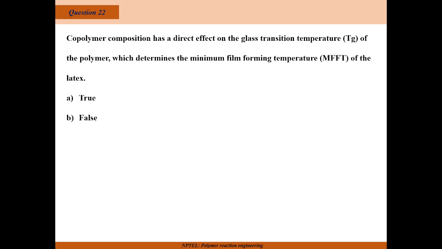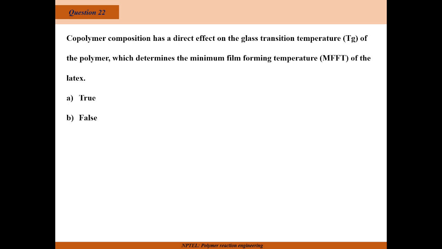So generally the statement is true, but practically speaking, the only doubt I have is on the TG part, because for polyamic acid it is the thermal stability that is higher, correct? It is not TG. Thermal stability is higher, but this statement should definitely have an effect on the film forming temperature.